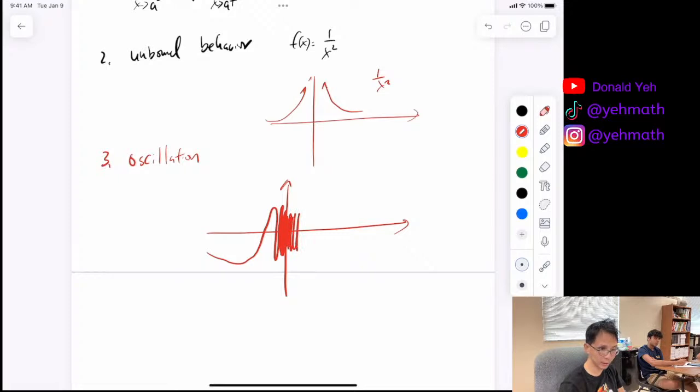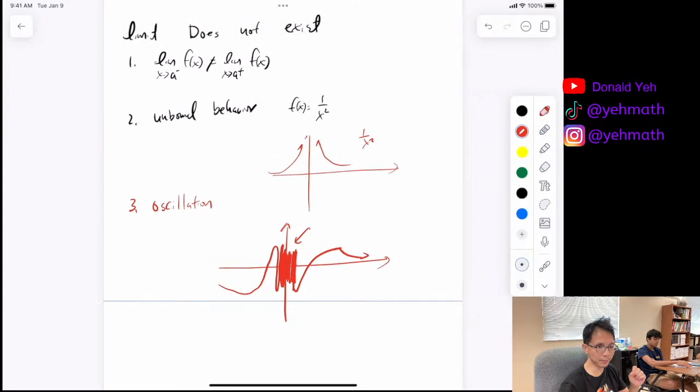And like this. And this is oscillation. But I'm going to tell you what the oscillation looks like. We're going to give you an example of each. So let's start with the first example.